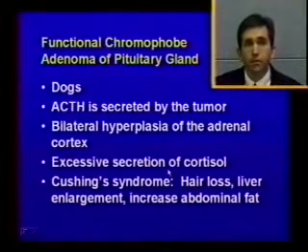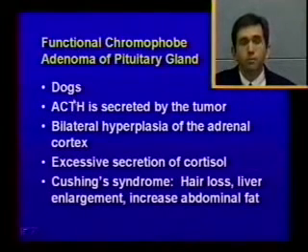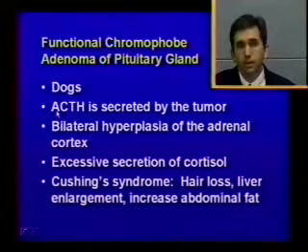That would be a functional chromophobe adenoma of the pituitary gland in the dog. In this condition, which is one of the most common causes of Cushing's disease in dogs, or hyperadrenocorticism, we see that a tumor that is located in the pituitary gland stimulates the adrenal cortex through the production of ACTH, ACTH being adrenocorticotropic hormone.